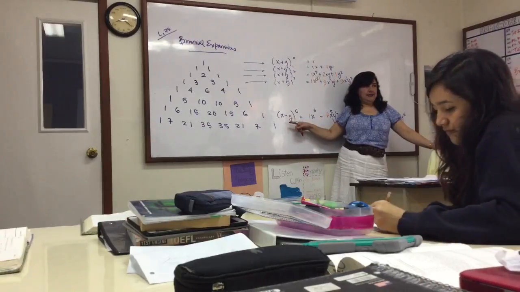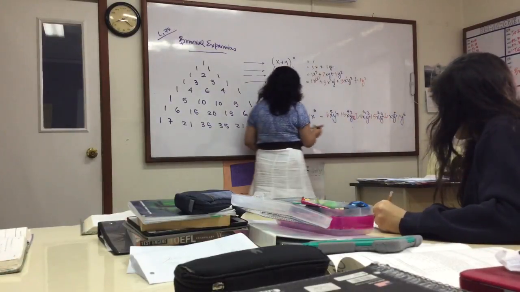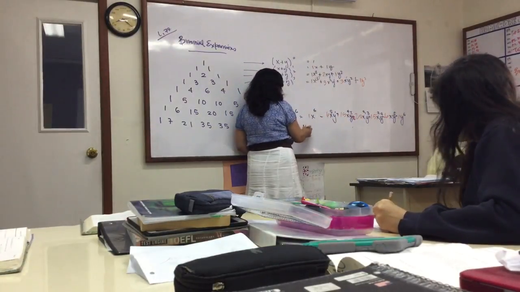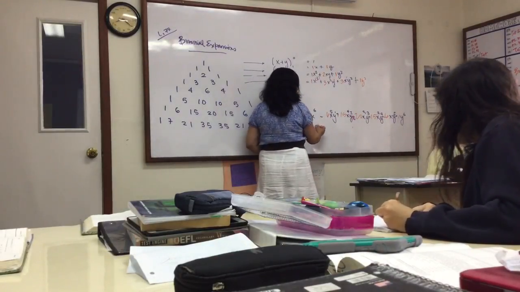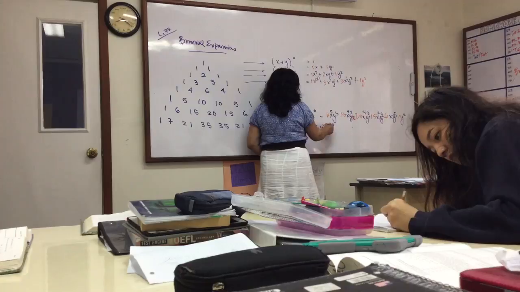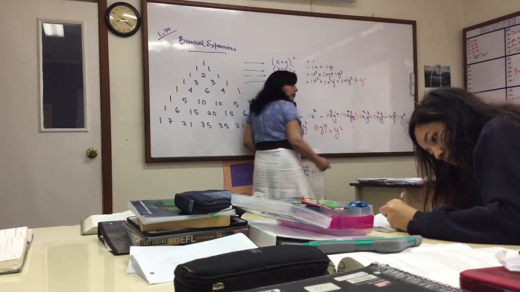Why? Because when you have an even exponent, if this is negative, minus y squared is y squared.